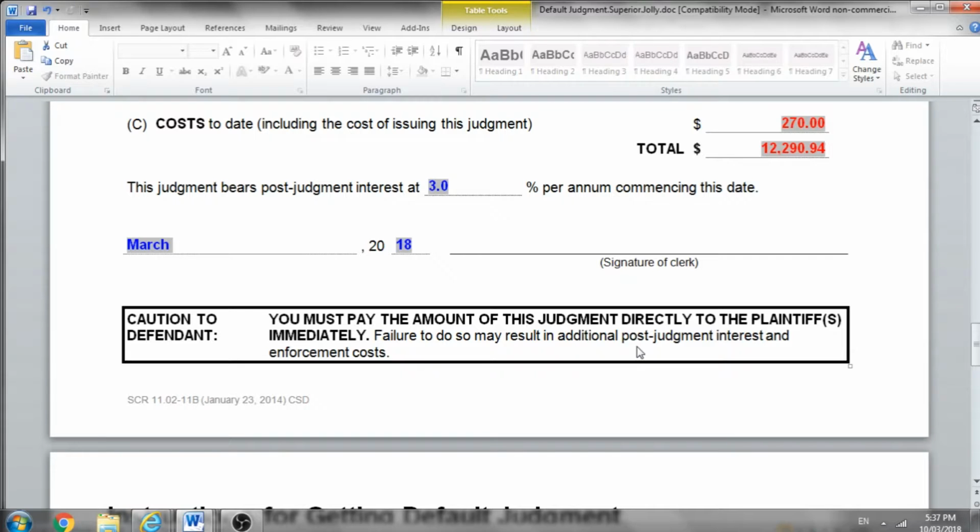Now, that documentation may include, for instance, in our case, outstanding invoices amounting to $12,000, or in other cases it may include perhaps a loan agreement or a promissory note. But in any event, we need to be able to demonstrate to the clerk that the amount we're claiming is in fact outstanding.